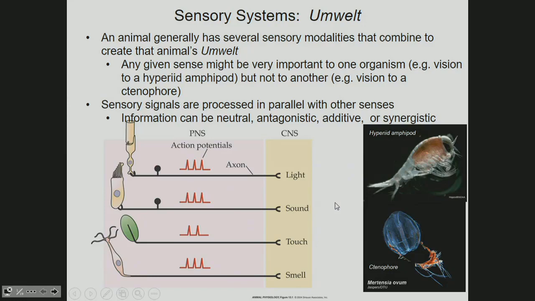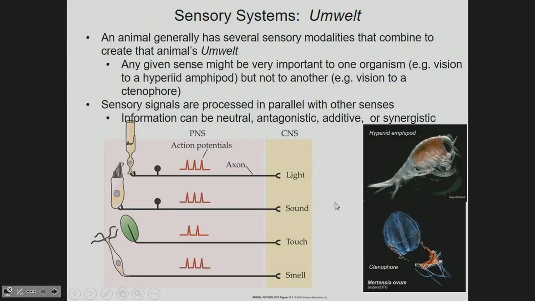It could be neurons bringing in light information, sound information, touch information, odor or smell information, taste as well, which is a variant on smell. All of that information is coming into the central nervous system along parallel streams.